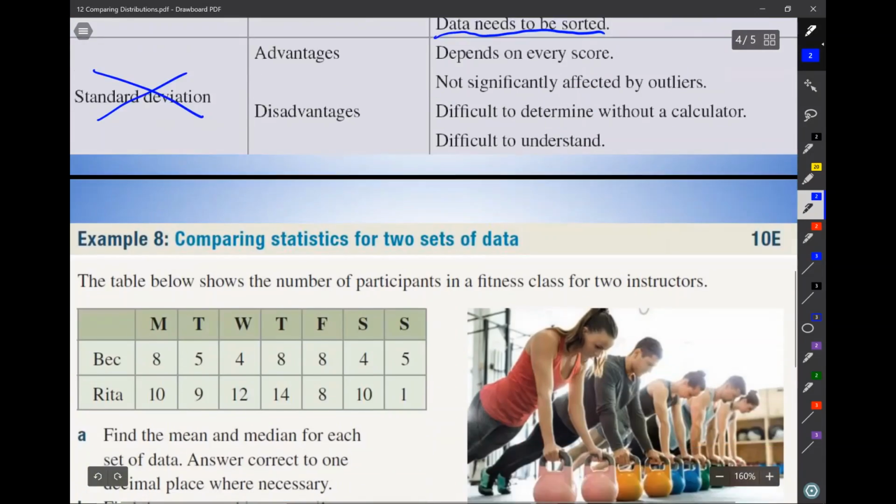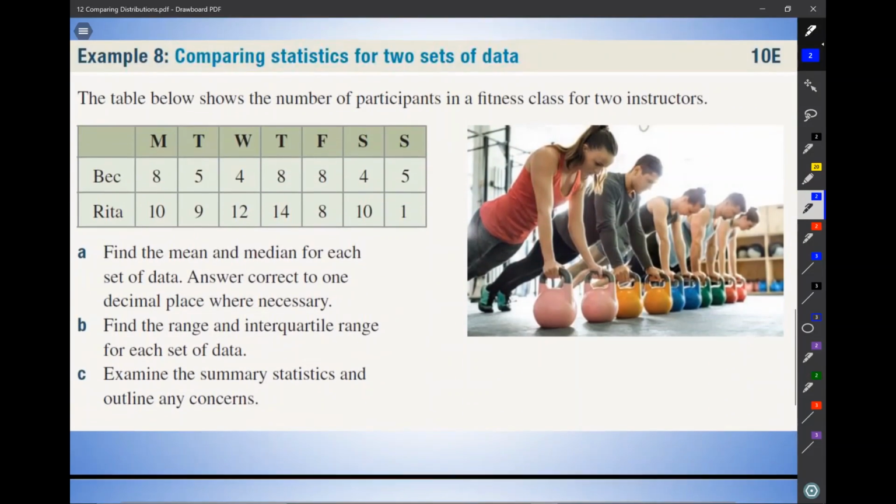Let's look at just a quick example. So we've got a number of participants in two different fitness classes, and we're going to calculate the mean and median for each set. So, mean for Beck. I've already done this before I started recording.